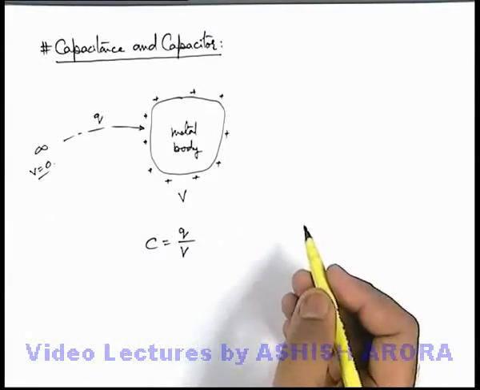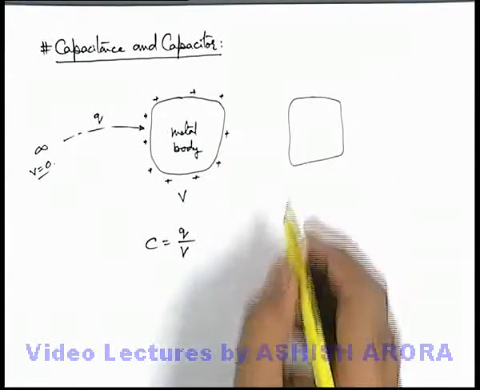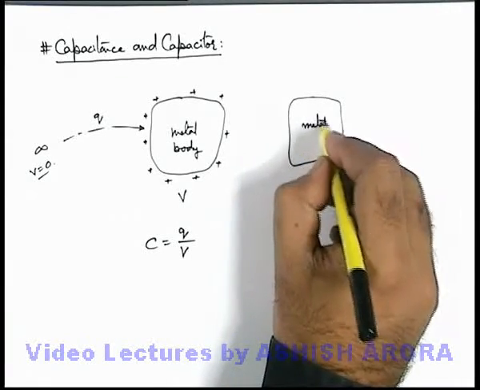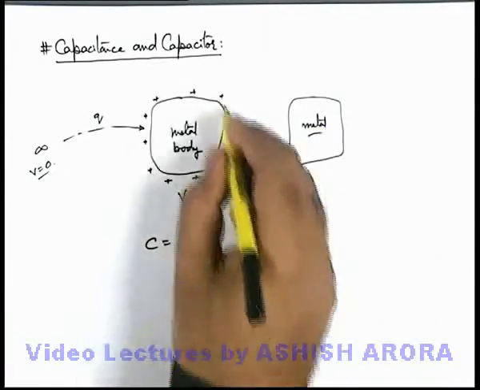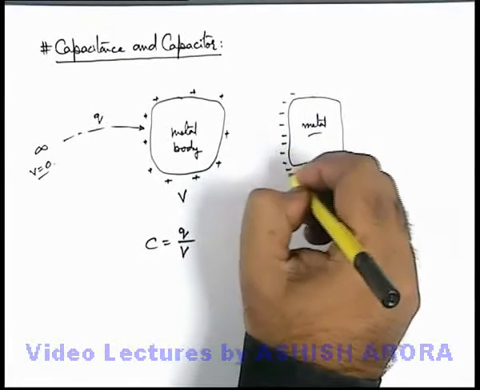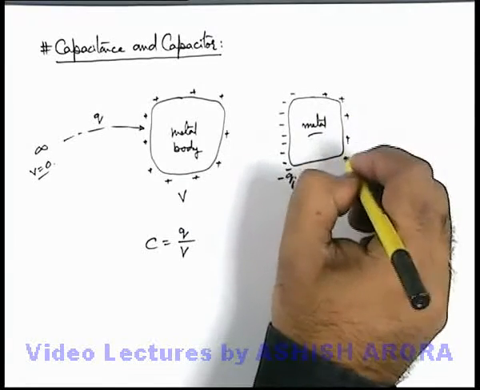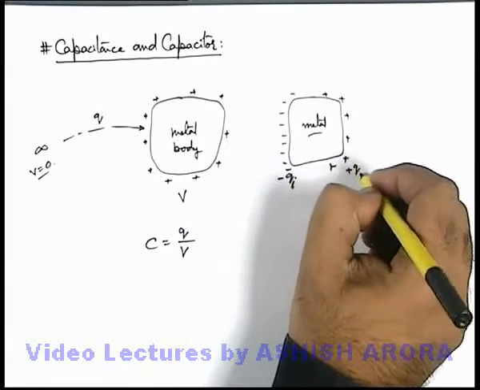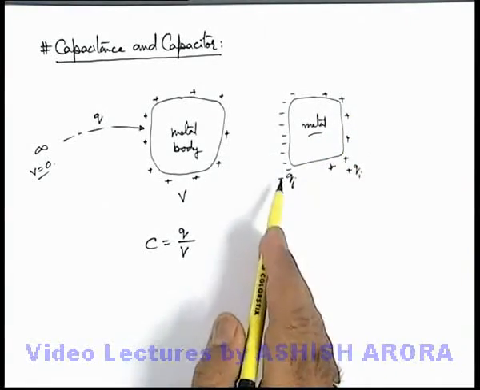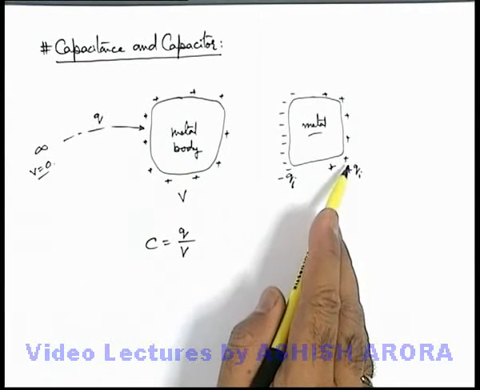Now in a different situation, if we place another metal body close to it, then obviously due to this positive charge, some negative charges, minus Qi, are induced over it, and some positive charges, plus Qi, are induced on the other side of it. Here we can see that this negative Qi is closer to this body compared to this positive Qi.